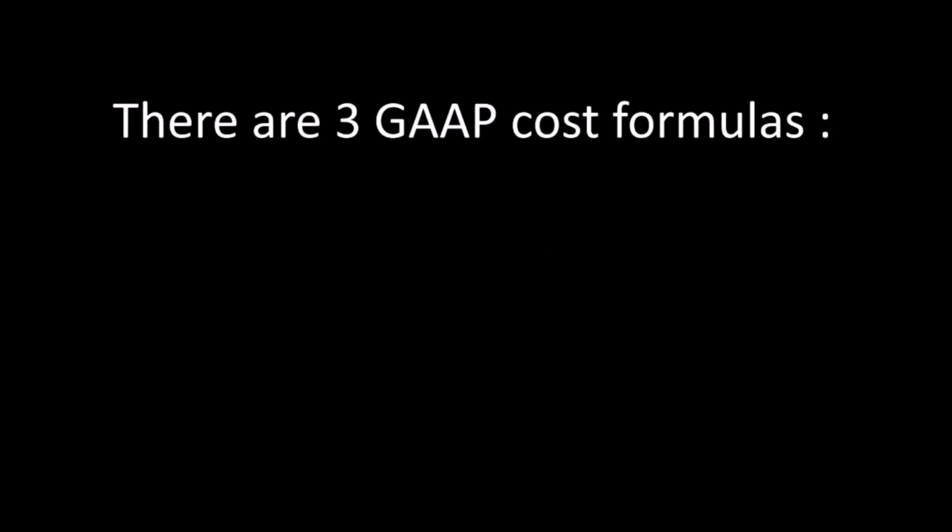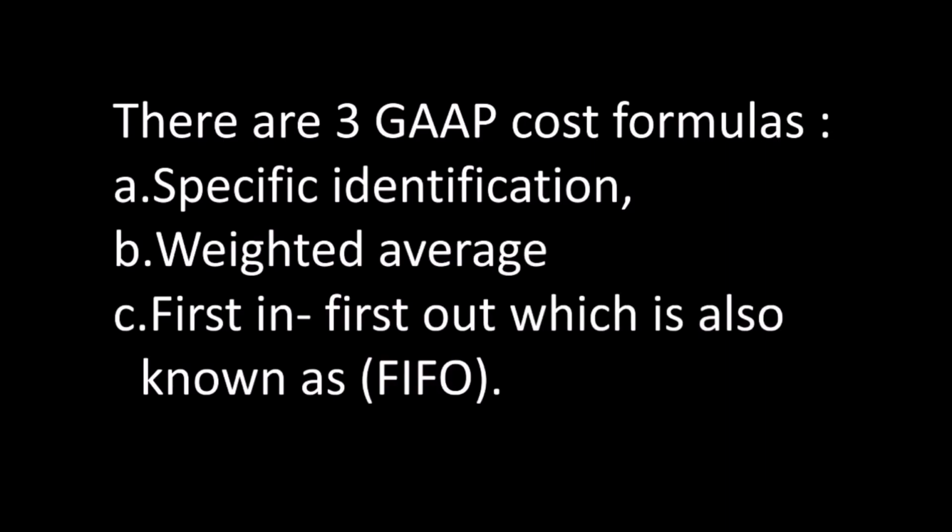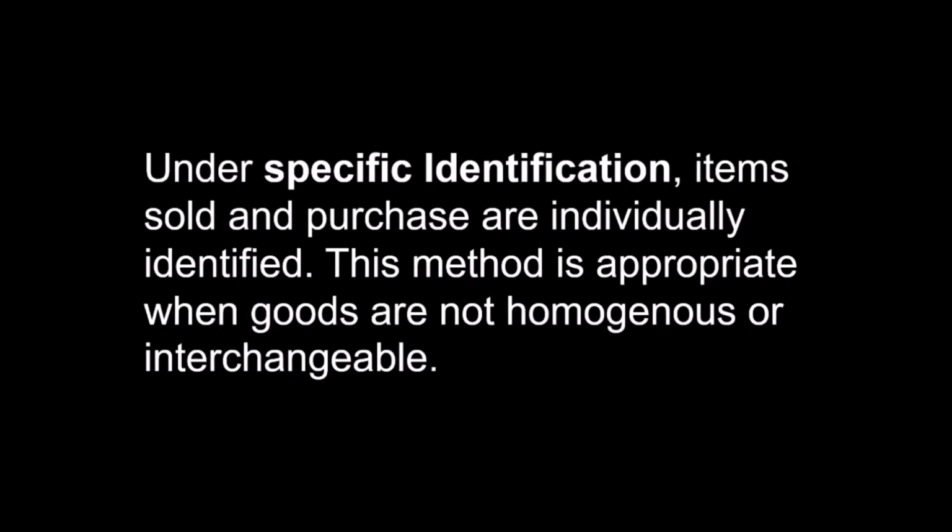There are three GAAP cost formulas: specific identification, weighted average, and first in, first out, which is also known as FIFO. Under specific identification, items sold and purchased are individually identified.